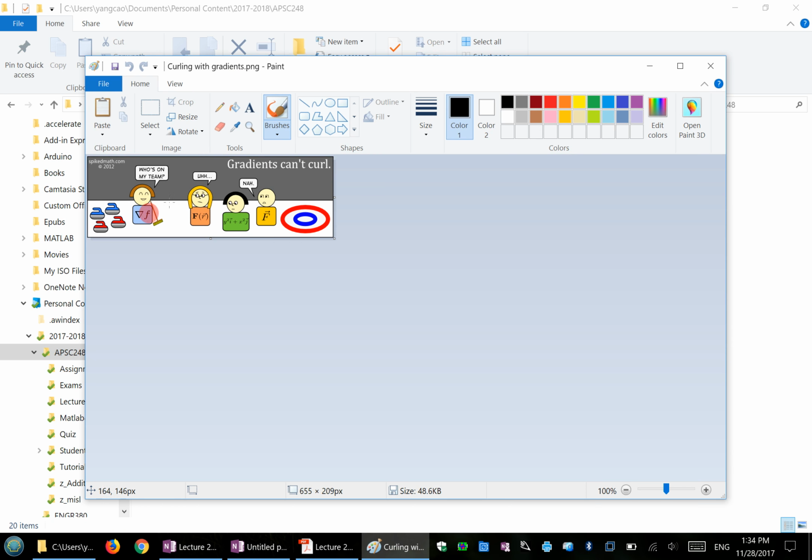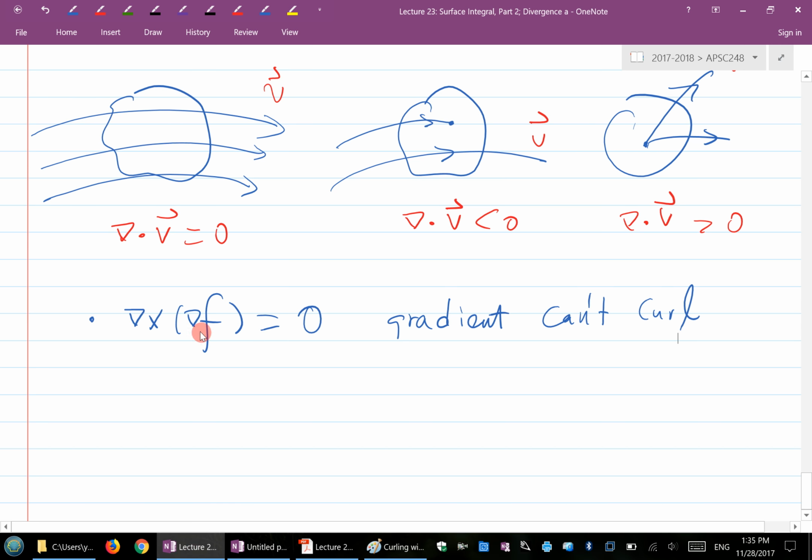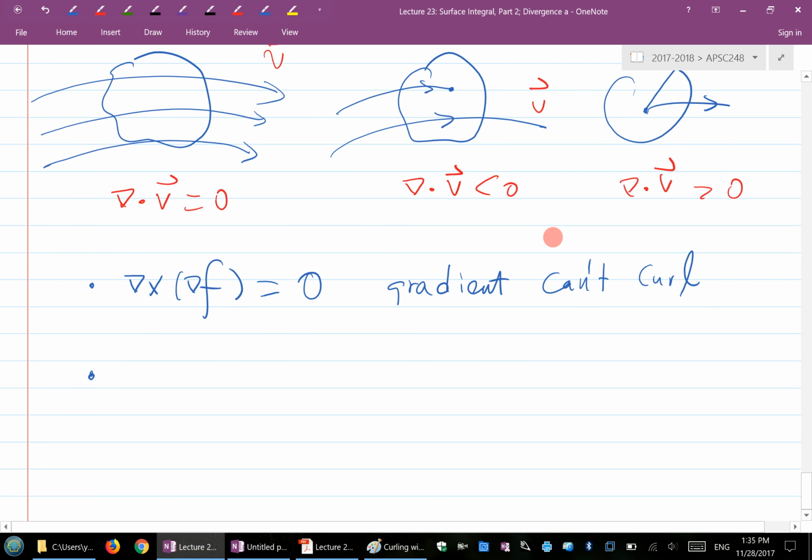Gradient can curl. So this is a gradient here. It's asking who's on my team. What's this plane? I don't know if you get it. His plane is curling, so nobody wants to be with him, right? Why? Because gradient can curl, right? So that's basically what it means. First time showing this picture.